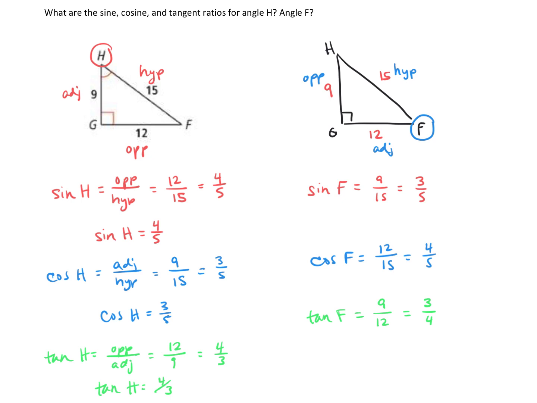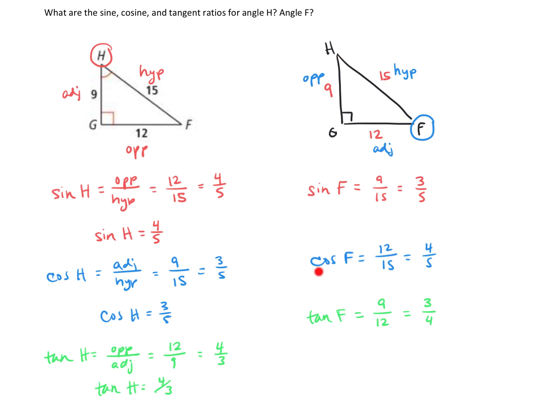One thing just to kind of make sense of what we did here. So angle F right here, the sine of angle F is equal to 9 over 15, which is the opposite side over the hypotenuse. And we got 3/5. So one way to think about that is the opposite side is 3/5 of the hypotenuse.